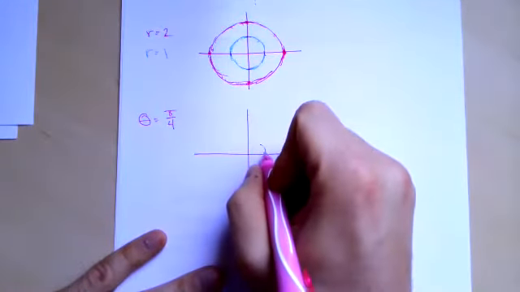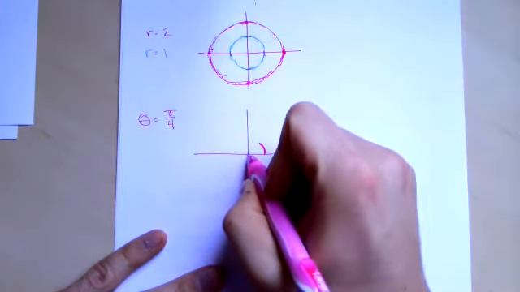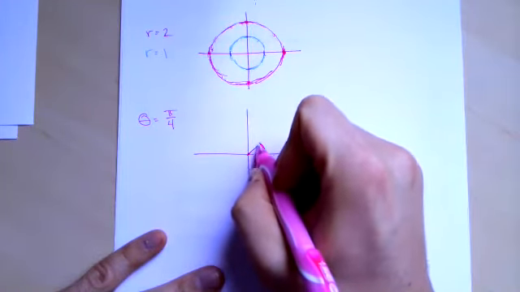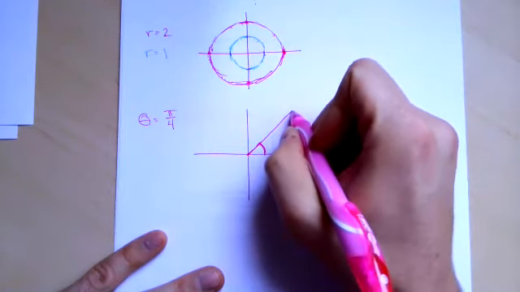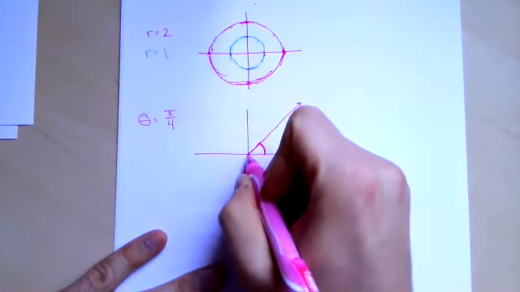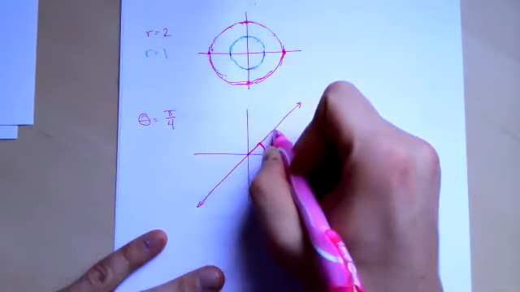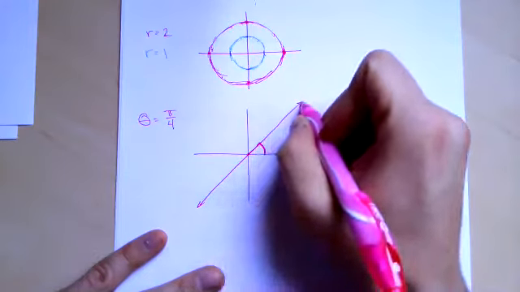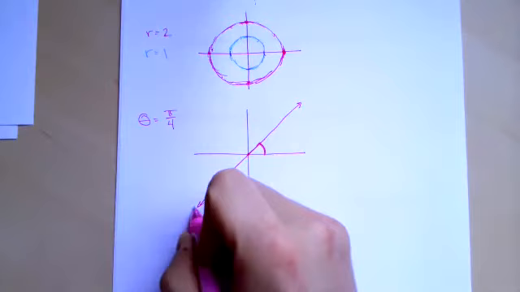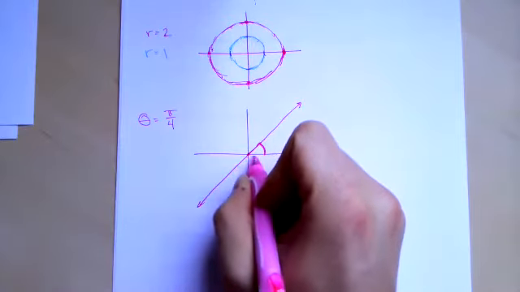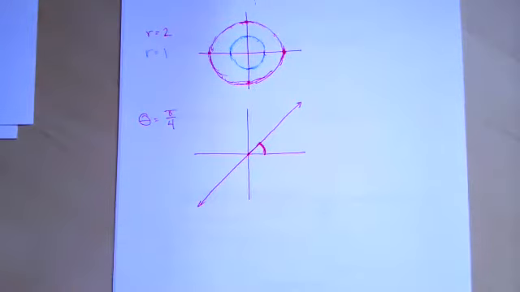So our pi over 4 angle is 45 degrees. And now we're going to be at 45 degrees, but then my radius can go outward and inward. So my r can get bigger. I can have a larger radius away from the center, or a negative radius away from the center, as long as the reference angle, the angle, is pi over 4.